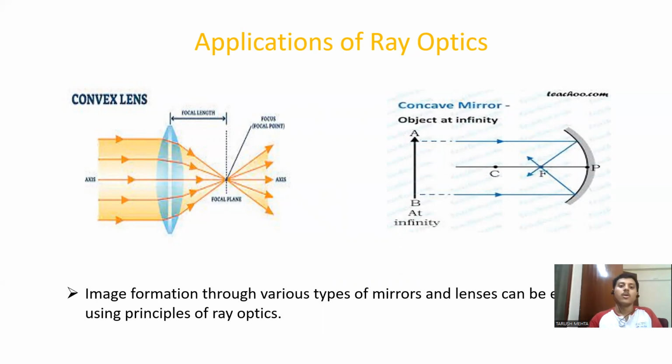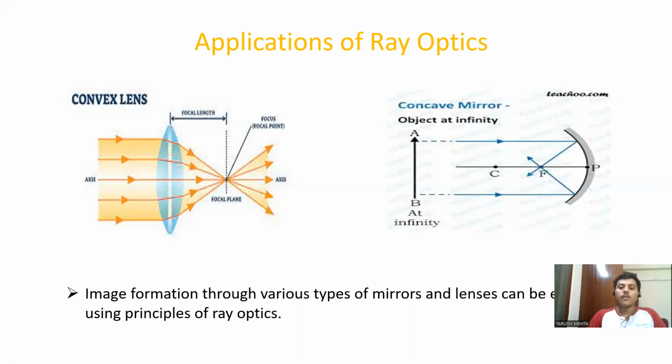For example, in the figure on the left, a convex lens is shown where the light rays coming from far away, whenever they strike the lens, converge towards a point called the principal focus. Similarly, for this concave mirror, the light rays emanating from some point at infinity, whenever they strike the mirror, converge towards a fixed point called the principal focus.